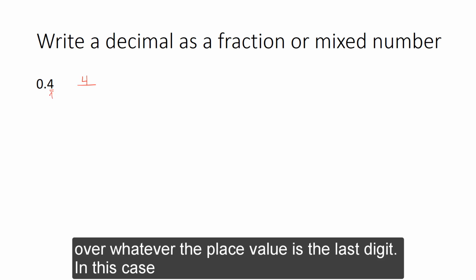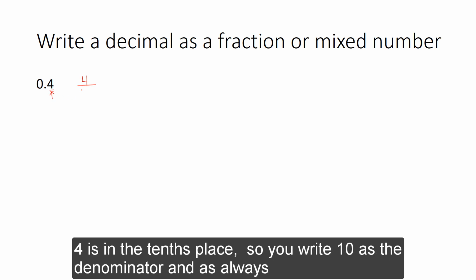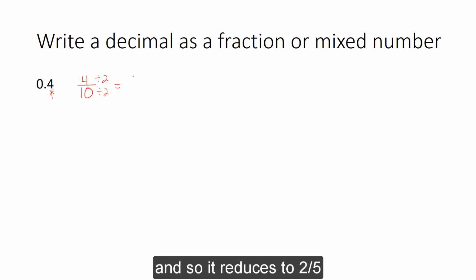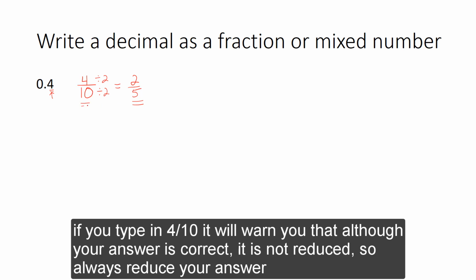In this case, this is in the tenths place, so you write that as the denominator, and as always you have to reduce your fraction to lowest form. These are even numbers, and so when we reduce it, it reduces to 2/5. If you type in 4/10, it will warn you that although your answer is correct, it is not reduced. So always reduce your answer.